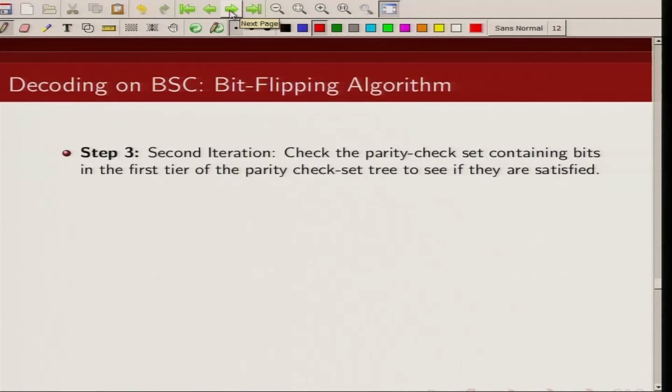In the next iteration, we will check the parity check sets containing bits in the first tier of the parity check tree, and we will see if they are satisfied.